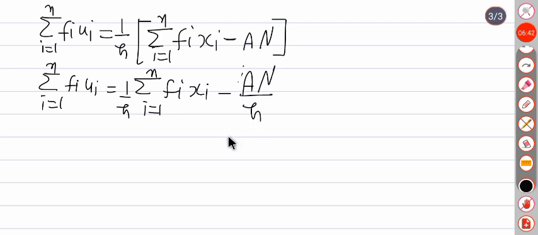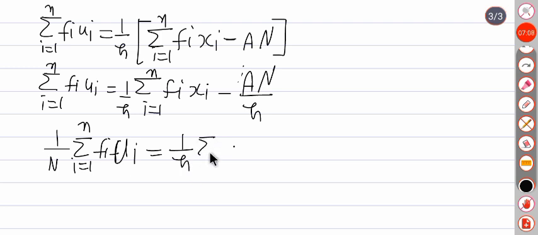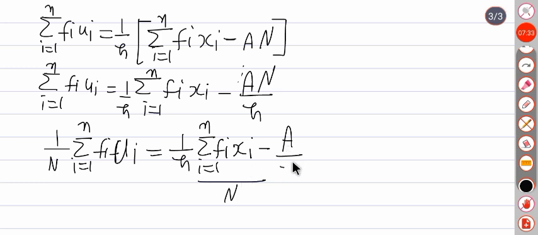Now divide both sides by capital N. You will get 1 upon N summation of fi ui from 1 to n is equal to 1 upon h times summation from i equal to 1 to n of fi xi upon N, minus a upon h, because you are dividing. You can recognize that this is x bar.